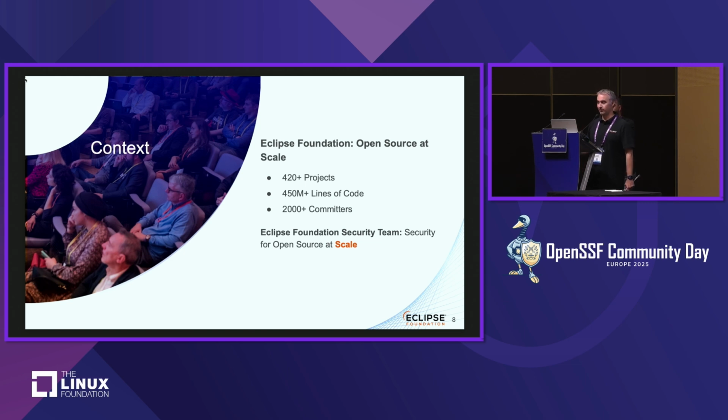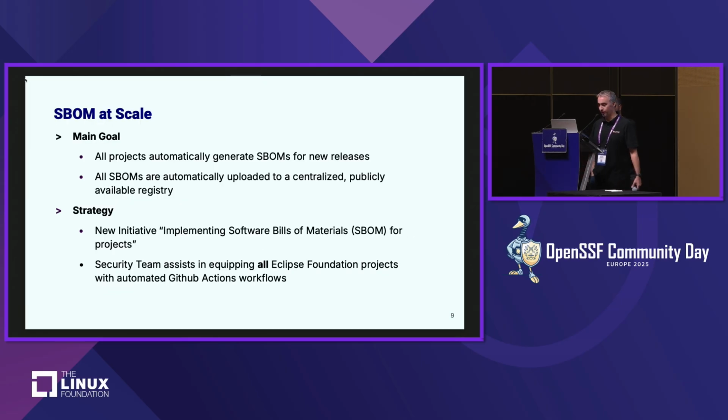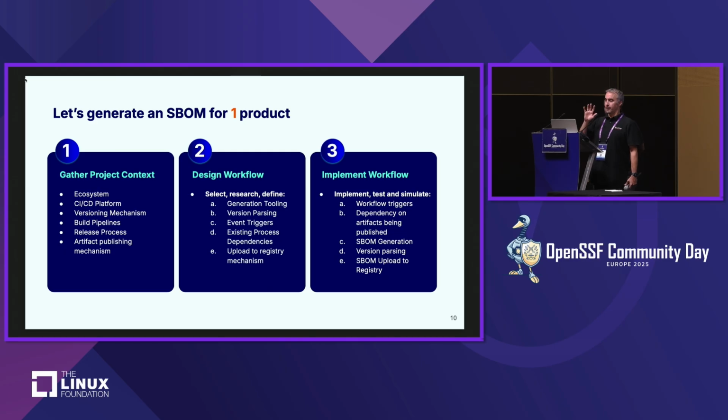So what is the strategy that we adopted to scale and be able to help all of our projects? Again, the main goal is to have SBOMs for all releases and to have them automatically uploaded and stored in a central registry. This is this initiative, and we are there to assist. Let's see how big the problem is at our scale, right?